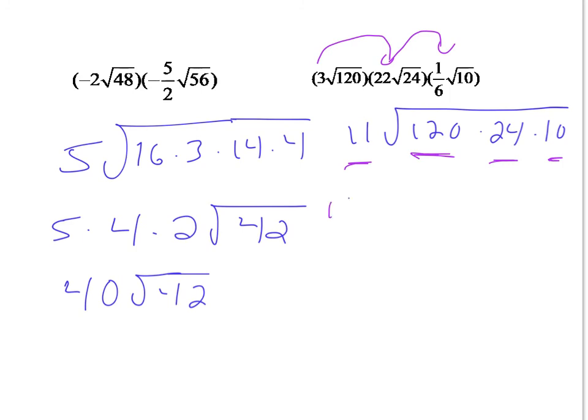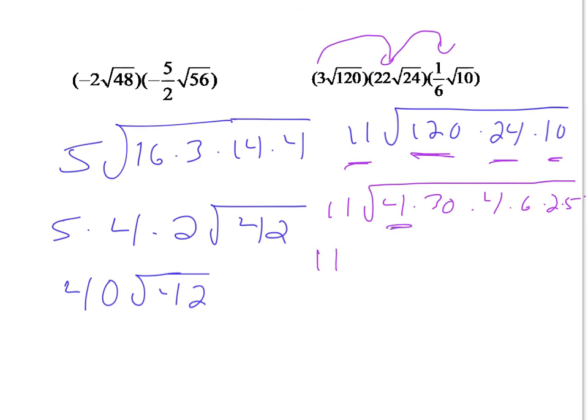So I have 11 inside the radical now. 120, let's think here, how about 4 times 30? 24 is 4 times 6. Very good. And 10 we'll just do as 2 and 5, and you'll see why in a minute.